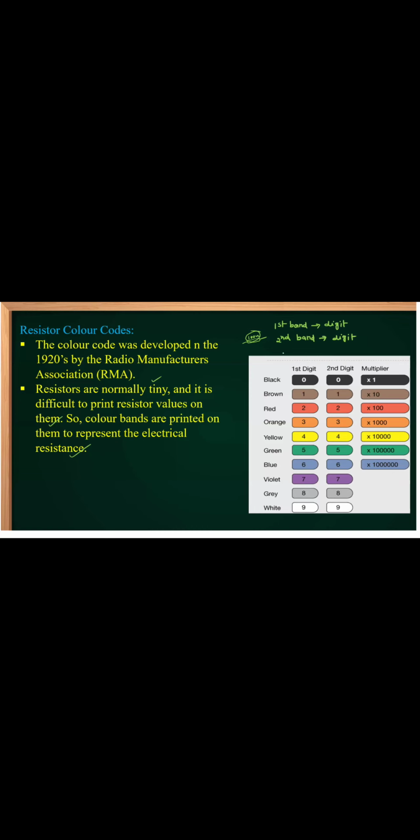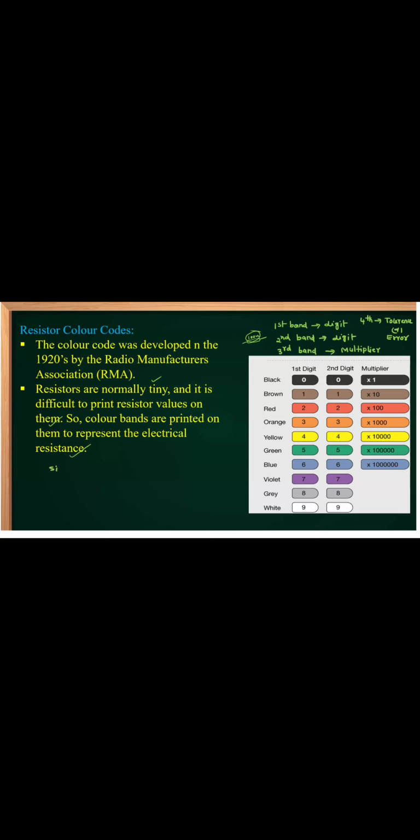The third band indicates the multiplier. The fourth one indicates the tolerance or error. I think you have already done this in the laboratory. First band indicates digit, second band digit, third band is a multiplier, fourth band indicates the tolerance or error. Then what is the value of tolerance you have to consider?